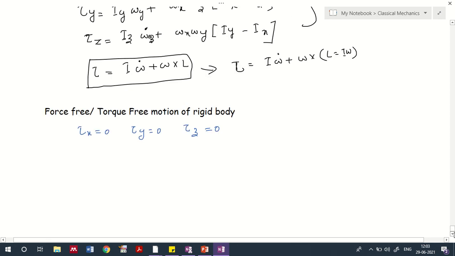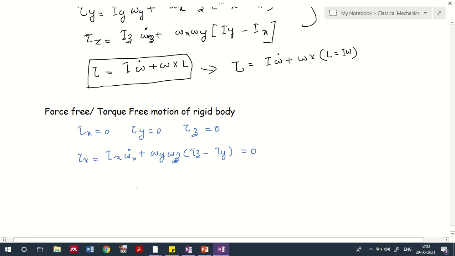So we'll do that. If we consider the first equation, the first equation was tau x is equal to Ix omega x dot plus omega y omega z into (Iz minus Iy), which is equal to 0.